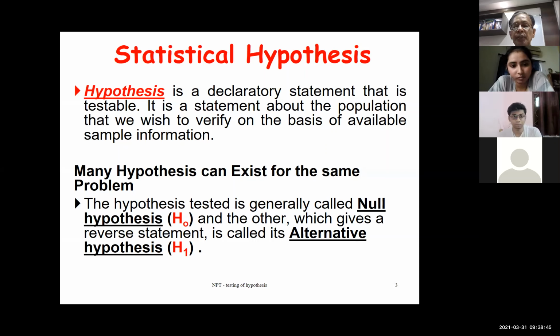You are assuming, which can be verified. So if you want to verify through testing of hypothesis, a hypothesis can usually be written in two ways. One, null hypothesis, and other is alternative hypothesis. I gave two examples: one, vaccine, another, girls' greater capability.